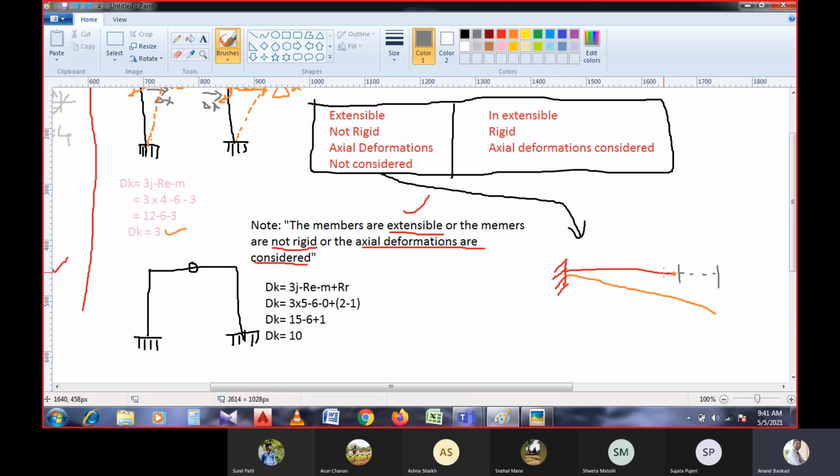That means the axial deformations are considered when it is not rigid, and here the axial deformations are not considered.